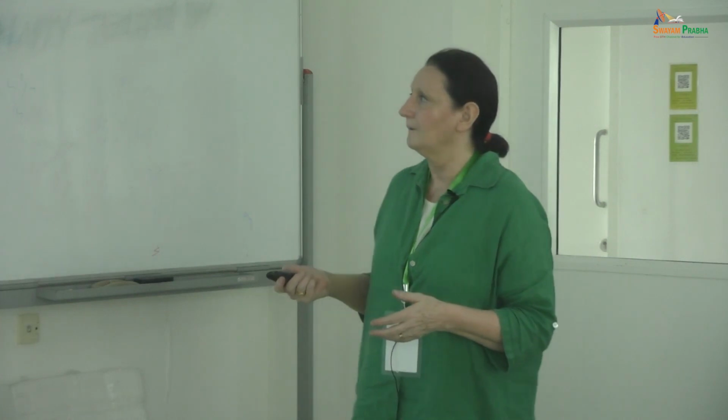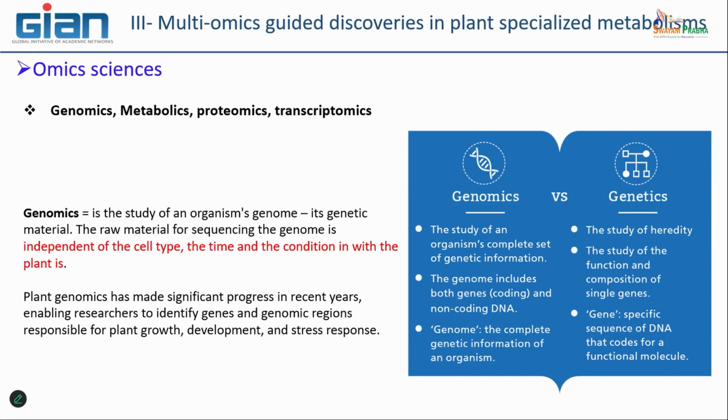Genomics is the study of an organism's complete set of genetic information, while genetics is more dedicated to the study of heredity, so how some alleles of genes are transmitted from parents to child, for example. Genomics deals with complex genetic information, while genetics is focused on specific genes and specific sequences of DNA.